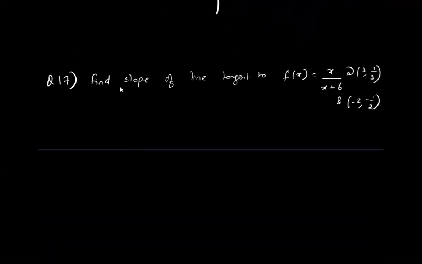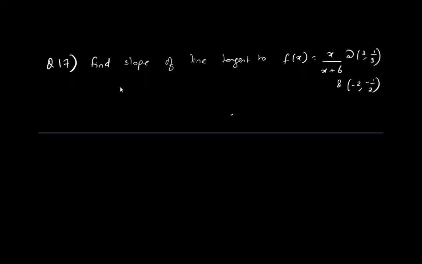All right, the question asks you to find the slope of the tangent line to the function at two different points. To do this, I'm going to find the derivative function first. And for that, I'm going to use the quotient rule.